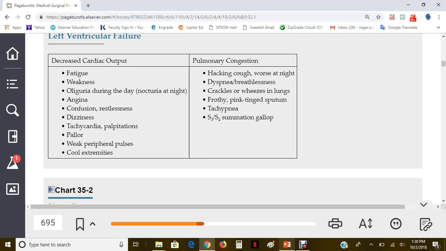There will be pallor, again because of vasoconstriction resulting from sympathetic nervous system response. And because there is decreased cardiac output all over, especially in the peripheries, there will be weak peripheral pulses and cool extremities at the same time.